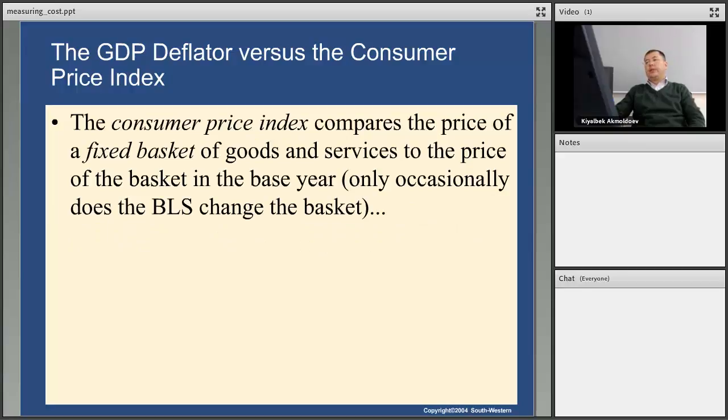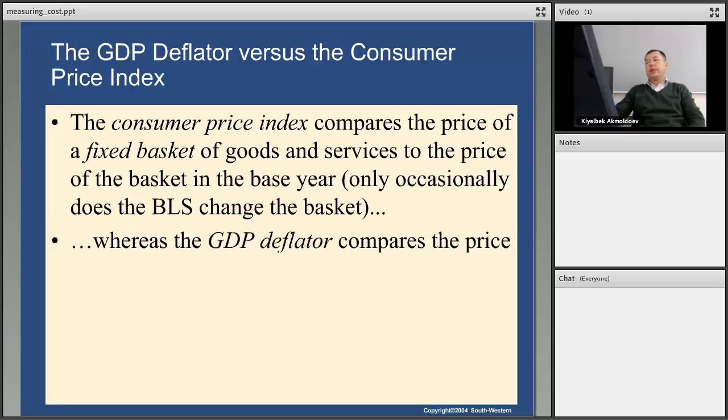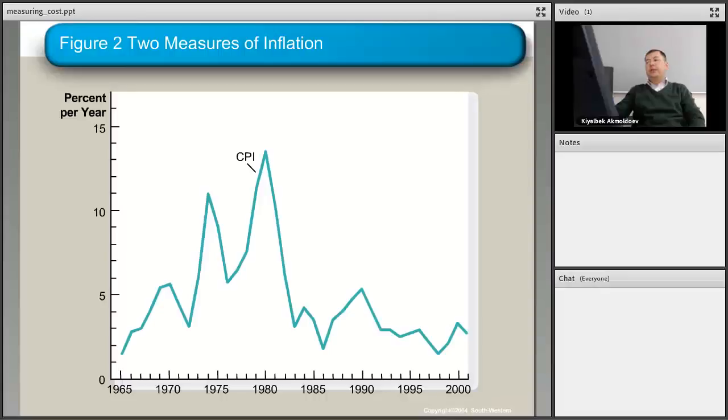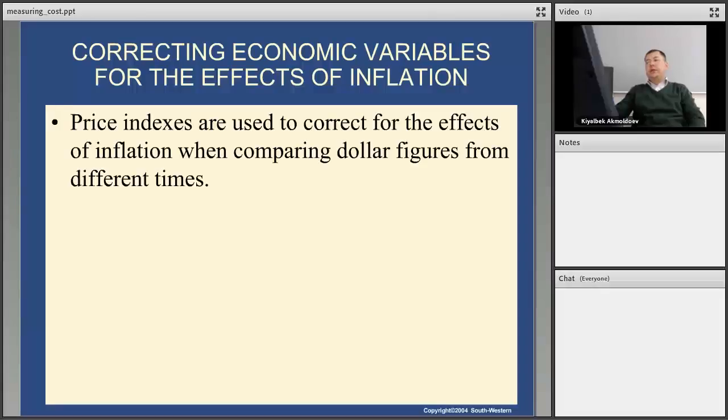The Consumer Price Index, or CPI, compares the price of a fixed basket of goods and services to the price of the basket in the base year. Whereas the GDP deflator compares the price of currently produced goods and services to the price of the same goods and services in the base year. This is CPI or inflation, and this is the GDP deflator.